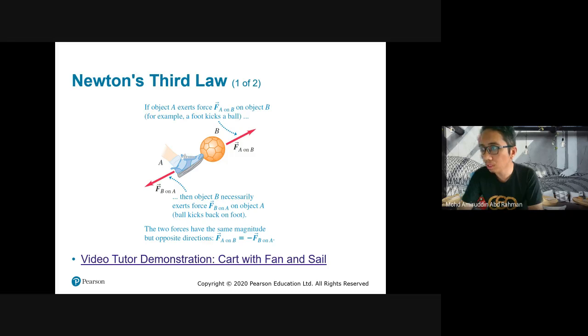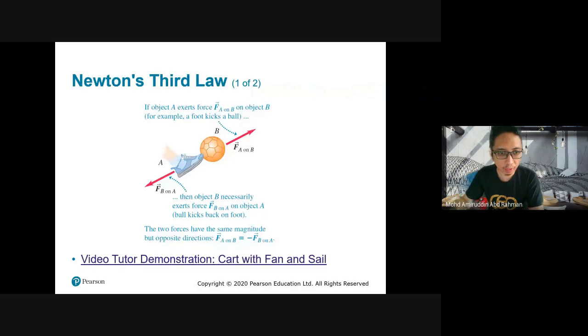All right, for example, when we kick the ball, we have a force A on B, which is the force from object A exerting force on object B. And then we have another force, F B on A, which is object B exerting force on object A. So when we have the force in both directions, the forces cancel.